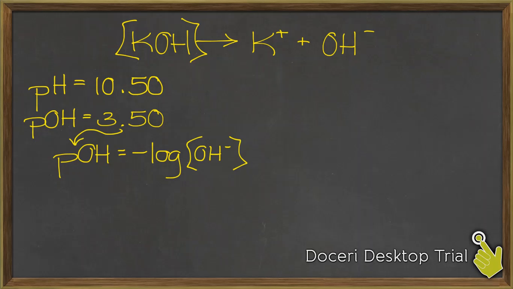And to invert a log, we do 10 to the power of negative 3.5. And I get this. I'm going to round my answer to 2 significant figures. Now that's not quite the final answer. That is the molarity of OH minus.